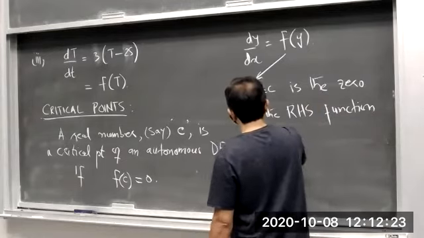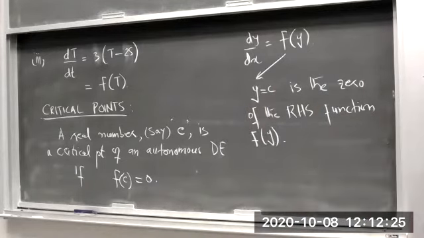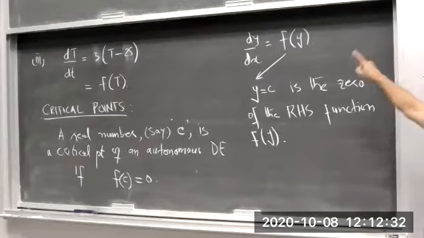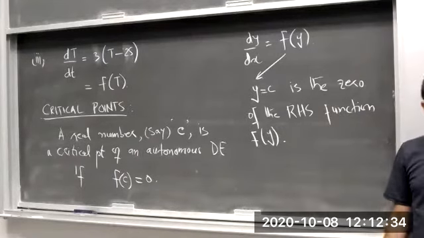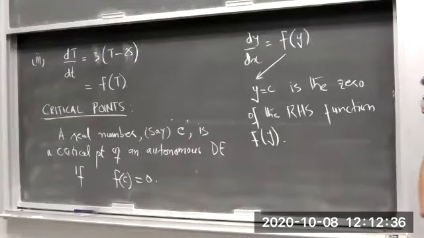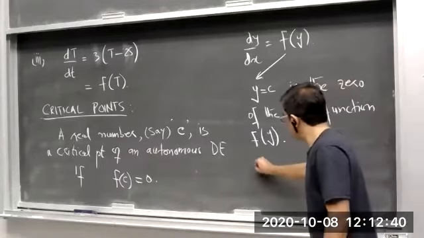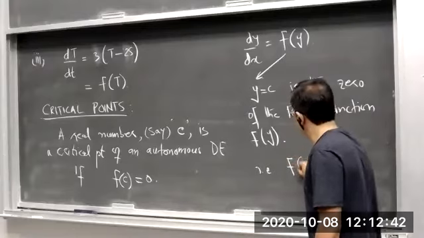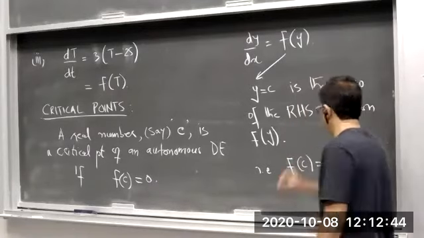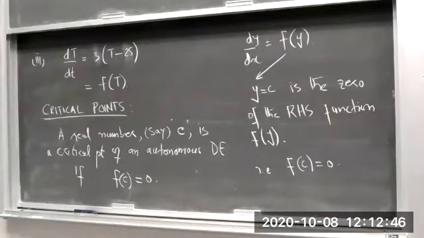So any real number which is a zero of the right-hand side function. I hope you know what is the zero of any function. The zero of a function is that point at which that function gives us 0 value. I hope you get it. If you have any question, you can ask me.